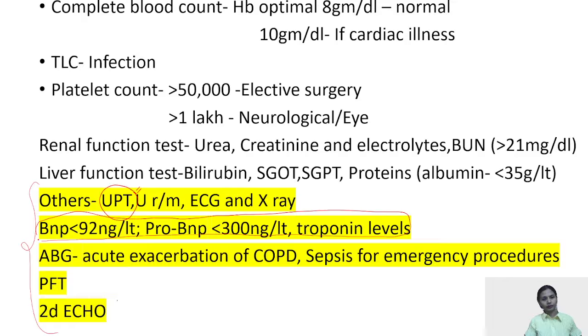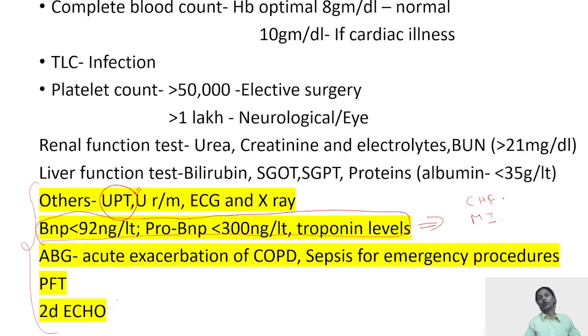generally used to rule out CHF, and troponin levels to rule out acute coronary syndrome or MI. The value of brain natriuretic peptide taken is less than 92 nanogram per liter, which is normal, or pro-BNP is also done these days.